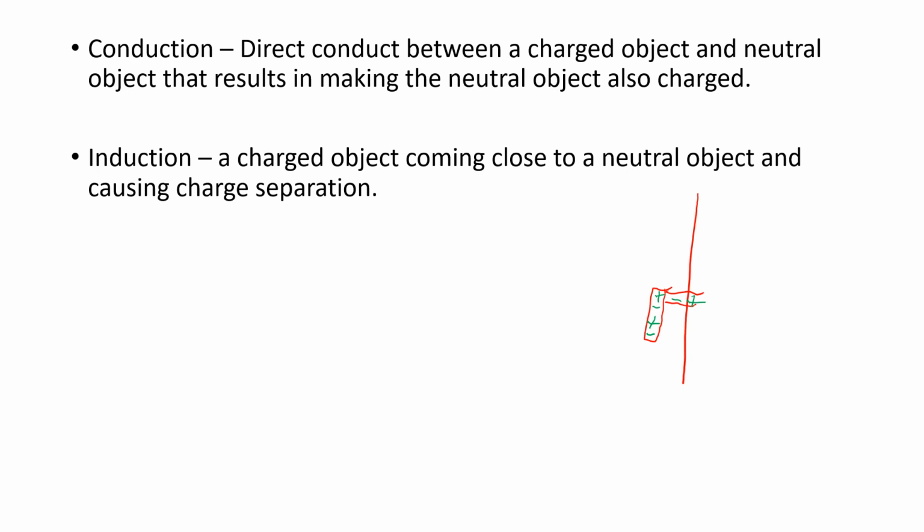Now, if you are walking up towards this door handle, walking on the carpet, and you develop a negative charge, this is neutral. These negative charges will jump when you touch the door handle.